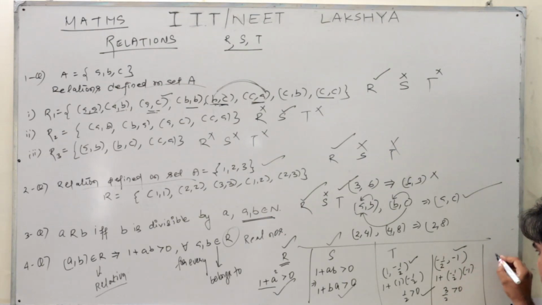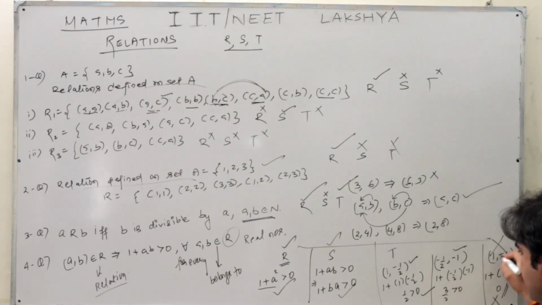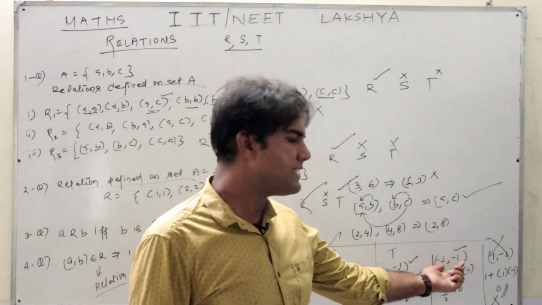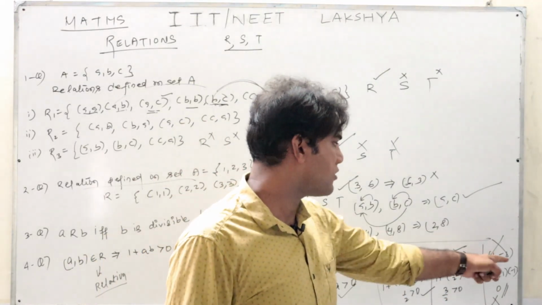So (a, c) is (1, minus 1). Let us check. 1 plus 1 into minus 1 is 1 minus 1, which is 0, and that is not greater than 0. So it is not transitive, because (a, b) is there, (b, c) is there, but (a, c) is not satisfying the condition.